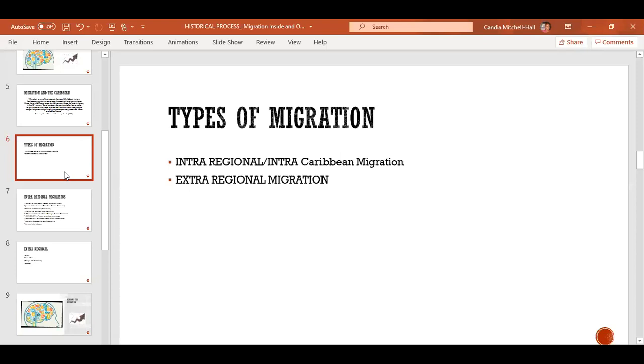All right. And so we know migration happens. Then you have people moving to other places in the region, people moving from one area to the next. For example, another example of intraregional migration is people from St. Vincent moving to Barbados, people from Guyana moving to Barbados, and you have some Jamaicans living in Barbados.